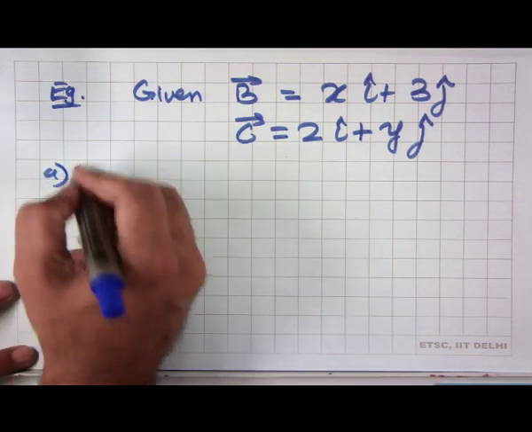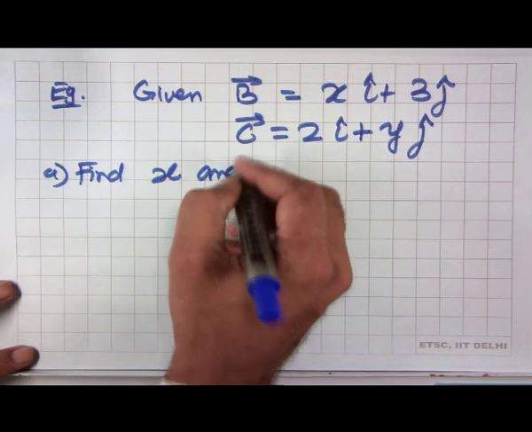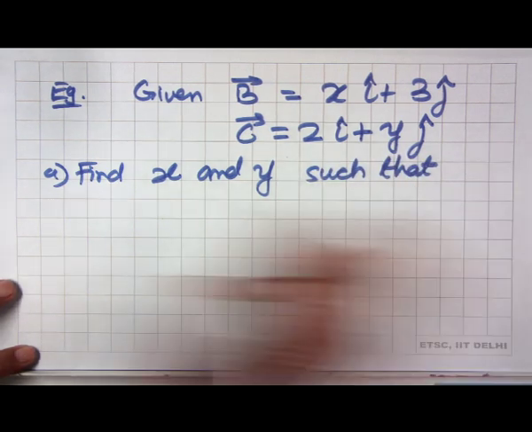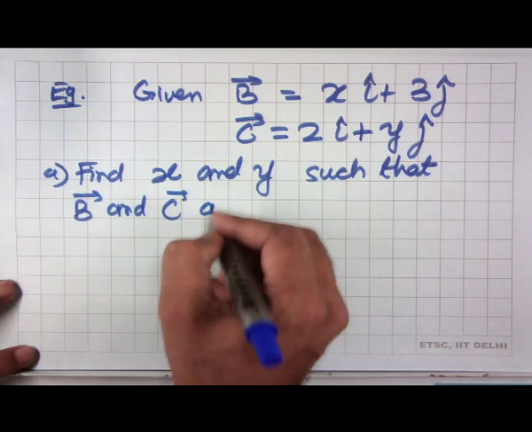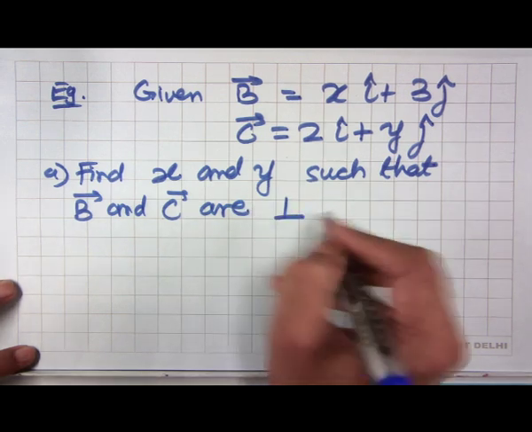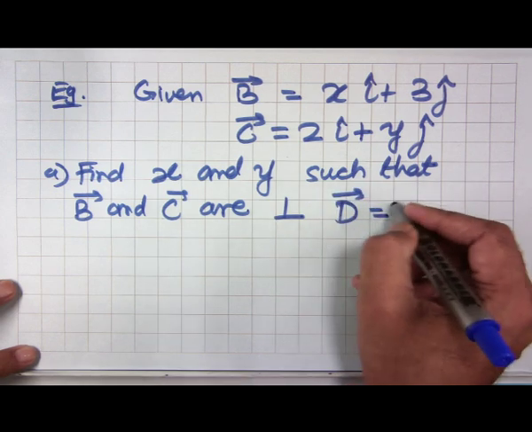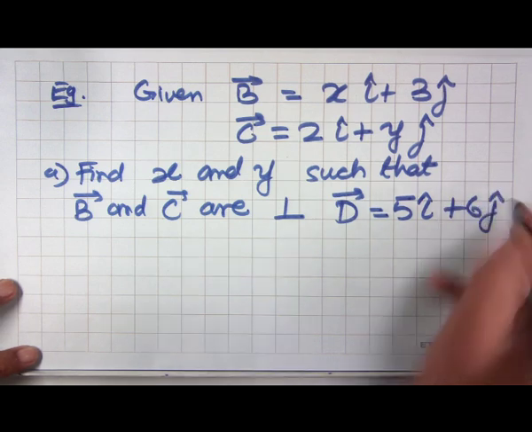Now, we have to find x and y such that B and C are perpendicular to the vector D, which is equal to 5i plus 6j.